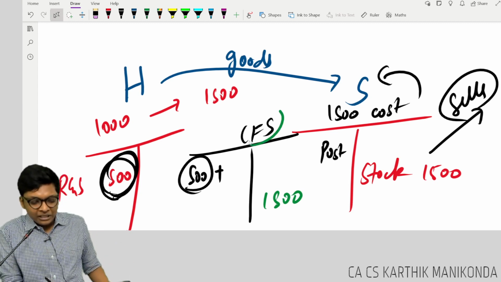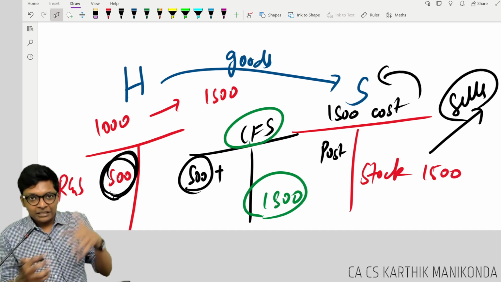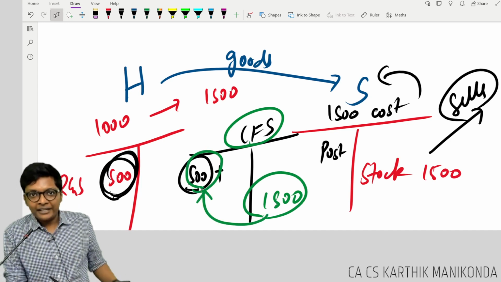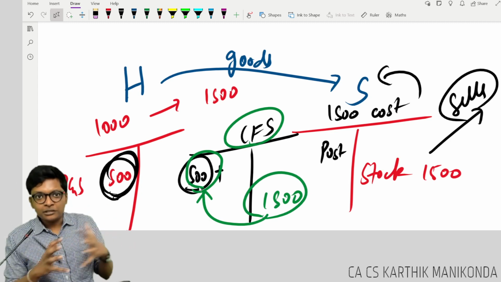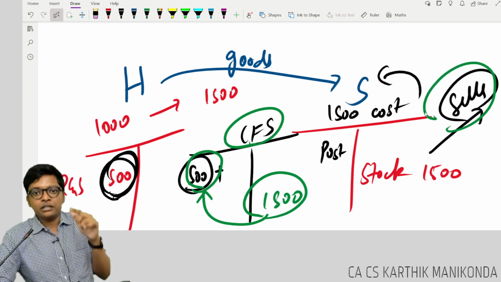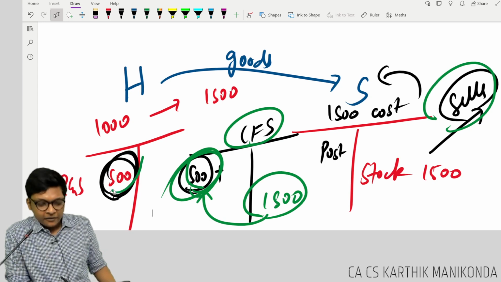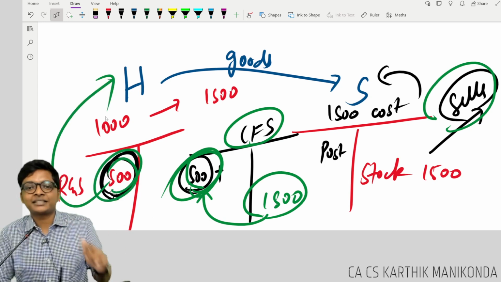So in my consolidation I am showing stock at 1500 and showing the corresponding profit of 500. It's not correct. Are you following? Because of unsold stock, you are showing unrealized profit in consolidation. How much? 500 sitting in the books of holding. We have to reverse this.